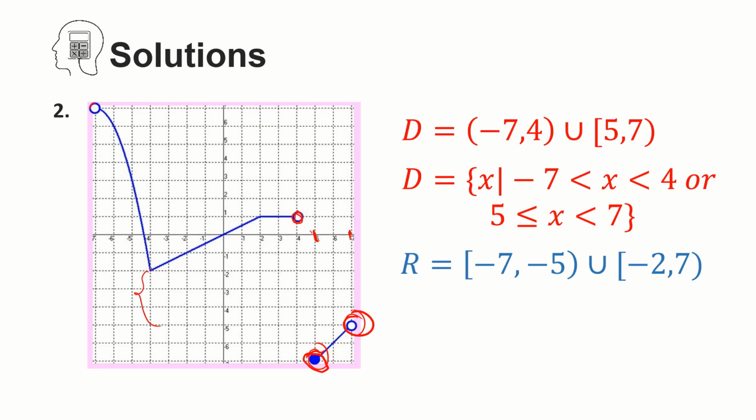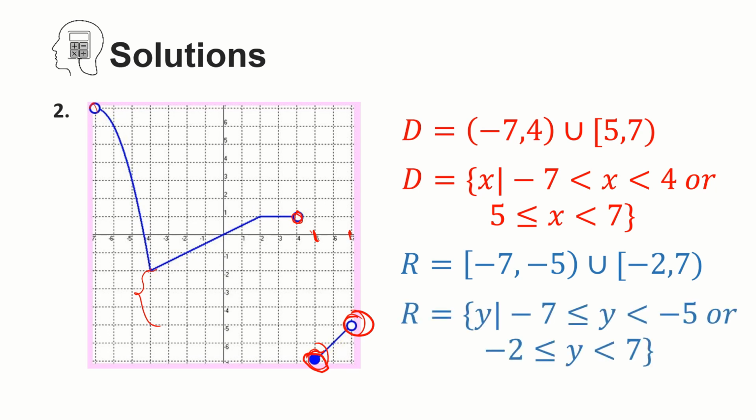So this point here started with negative 2, where negative 2 is an included value, and up to 7, where 7 is not included. So for the set builder, we have y such that y is greater than or equal to negative 7 but less than negative 5, or y is greater than or equal to negative 2 but less than 7.